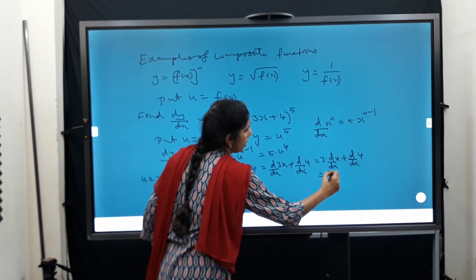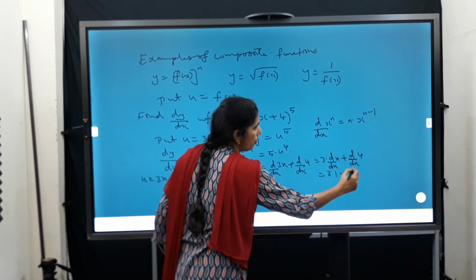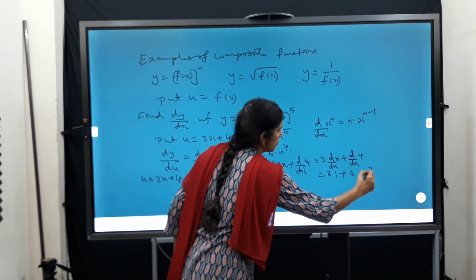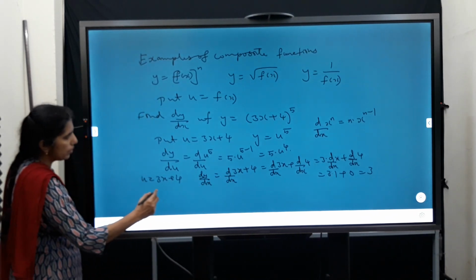And d by dx of x is 1 and derivative of a constant is 0. So d by dx of 4 is equal to 0. So we have du by dx equal to 3.